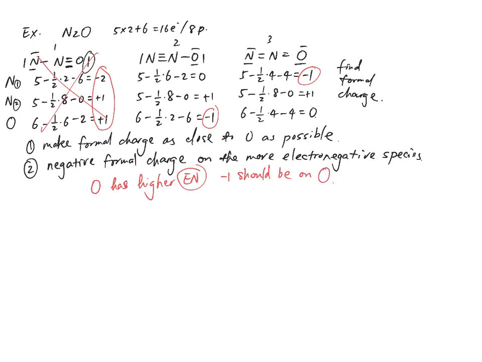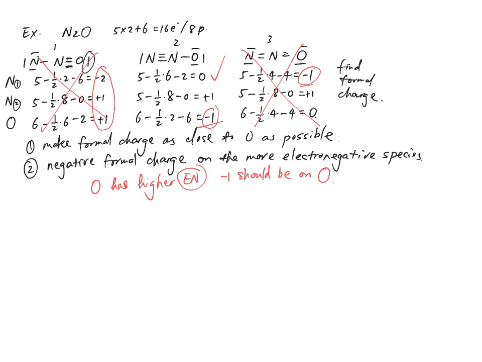Structure number 2 has the -1 formal charge on oxygen, and structure number 3 has the negative formal charge on nitrogen. So structure number 3 is eliminated, and structure number 2 is what we're looking for. So use the rules of formal charges.